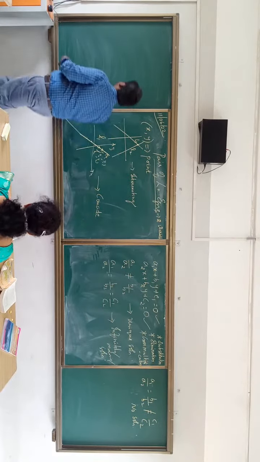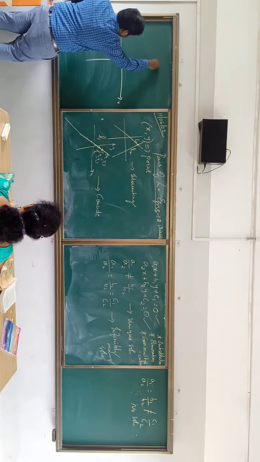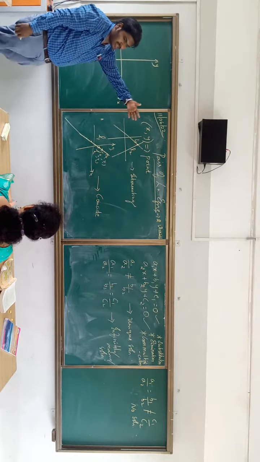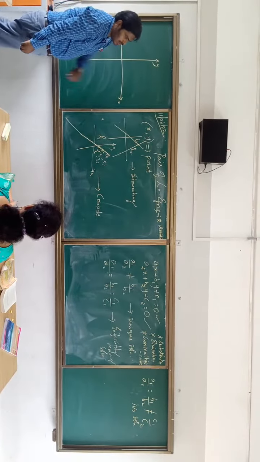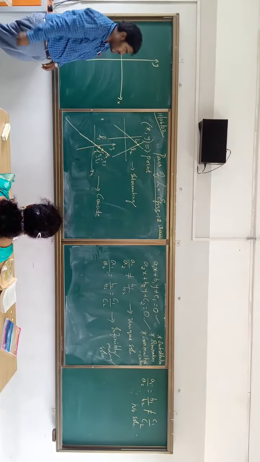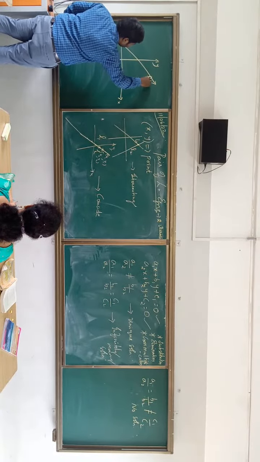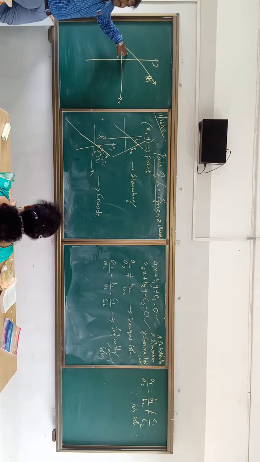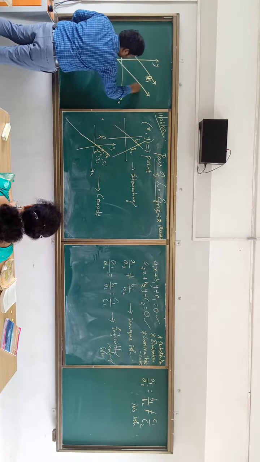So the next, on the same coordinate axis x and y, the same linear equation in two variables. The first equation a1x plus b1y plus c1 equals 0 traces a line in this manner, and the next one traces a line in this manner.